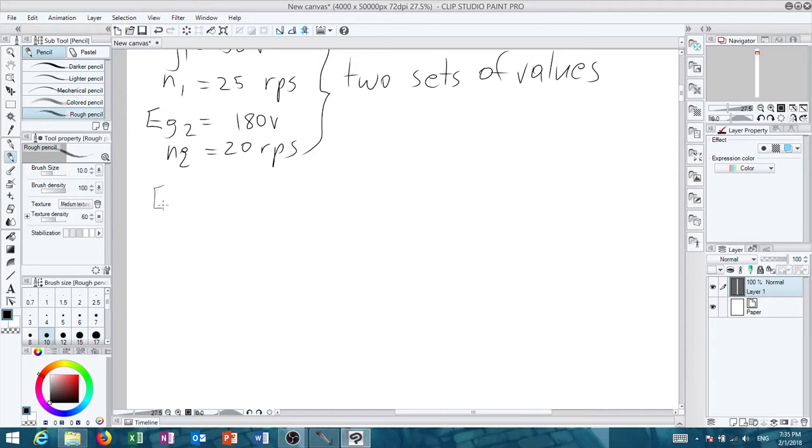The next thing we should do is we have EG1 equals K phi 1 N1 over EG2 equals K phi 2 N2.